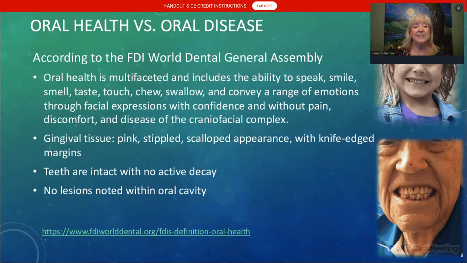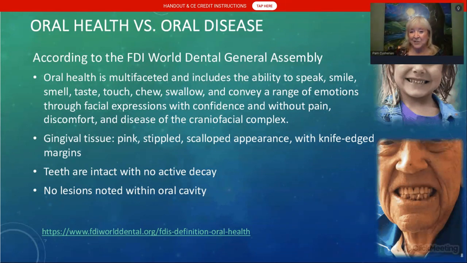Their definition is oral health is multifaceted and includes the ability to speak, smile, smell, taste, touch, chew, swallow, and convey a range of emotions through facial expressions with confidence and without pain, discomfort, and disease of the craniofacial complex.